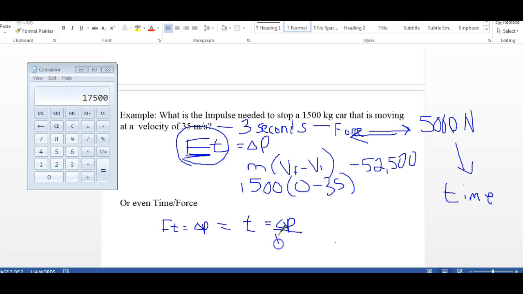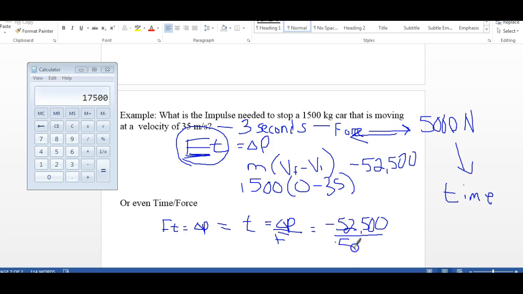over the force. Now, we're going to have smaller numbers, but again we ended up with negative 52.5. And again, we don't worry so much about the negative because the force is going to be negative and it would cancel out. Really it's just a direction.